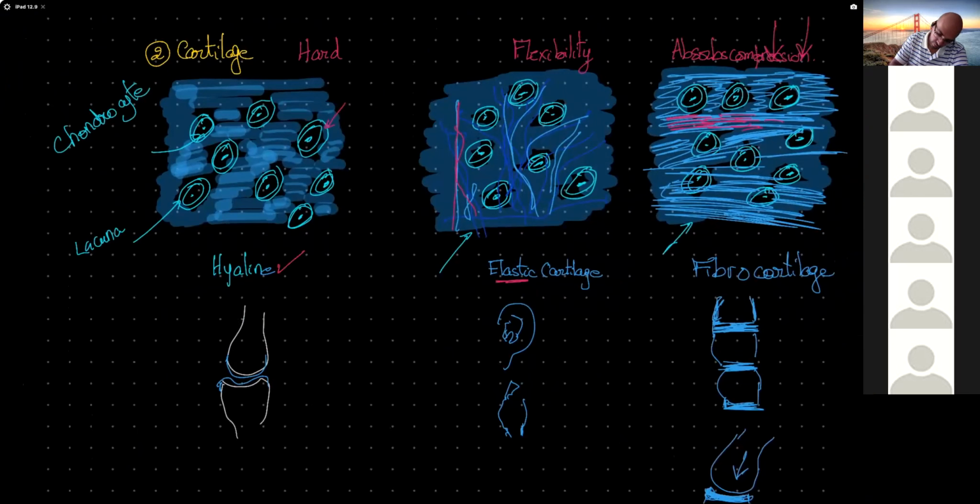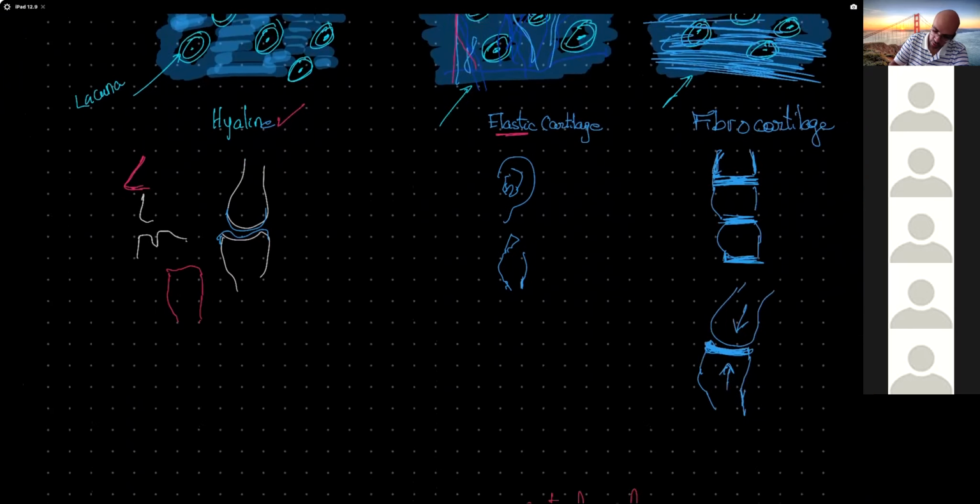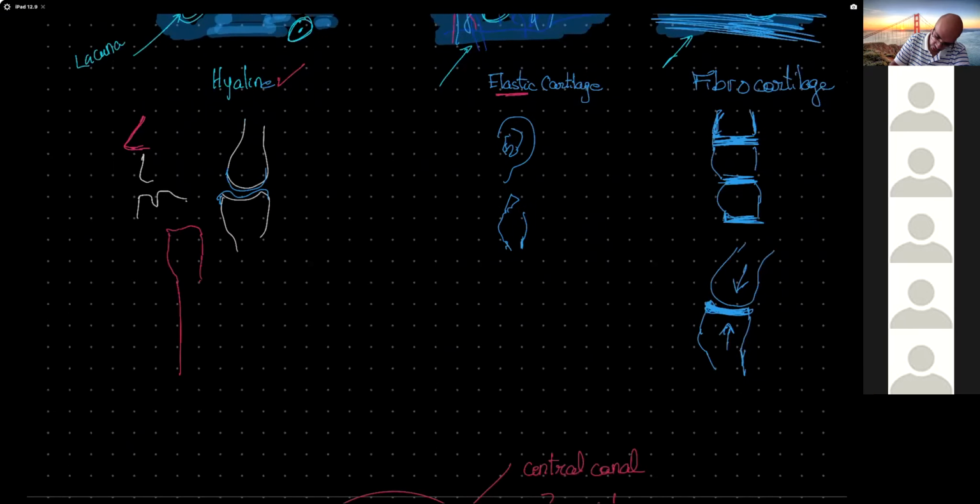Nose, nasal cartilages, then you've got the larynx, the voice box, Adam's apple, and then the tracheal rings of the trachea that keep the trachea patent, open all the time. Unlike the esophagus, it doesn't collapse. The trachea is kept open all the time by the presence of those cartilage rings.